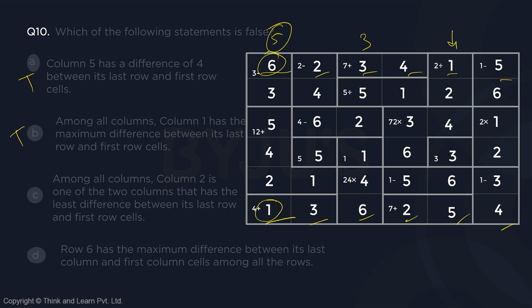See, among the columns, column 2 is one of the two columns that has the least difference between its last row and first row. So 3 minus 2, 1. Here we have 3, here we have 2, here we have 4, here we have 1.